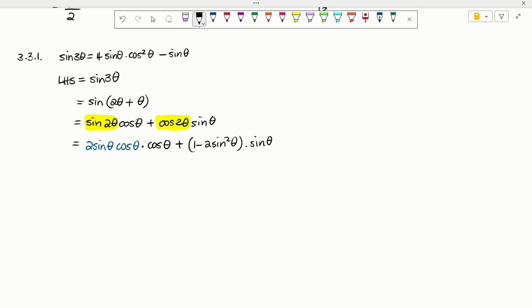If I multiply this and this, there's going to be sine 3 theta, and that could be problematic because we don't have sine 3 theta somewhere here. So I'll say that option might end up being longer.